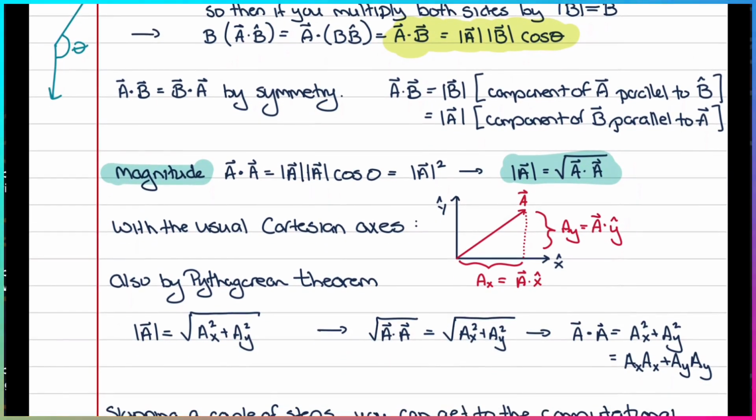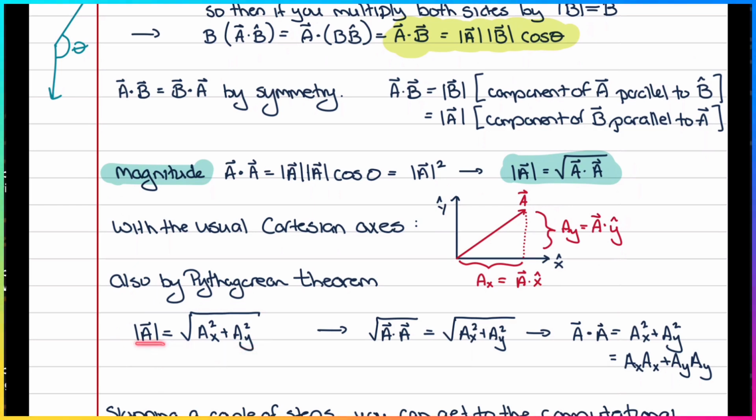So let's think about the magnitude and then use the usual Cartesian axes. I have some vector A, which has some x component and some y component. And lo and behold, that looks like another right triangle. So just by the Pythagorean theorem, the length of the vector, or the hypotenuse, is going to be the square root of this squared plus this squared. So in this drawing, the magnitude is just given by the Pythagorean theorem.